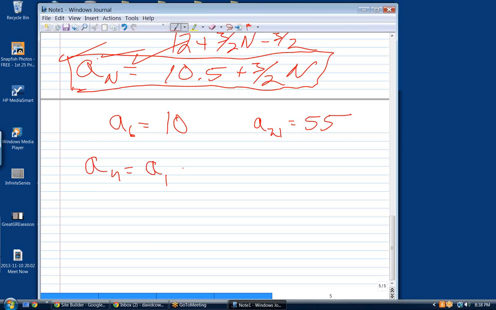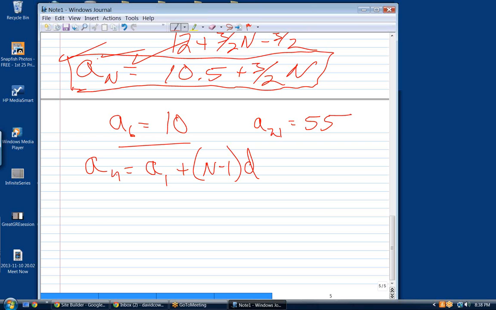Okay. And let's write the best equation we can write based on that information. So, well, it doesn't seem like we know anything. Well, we know a sub 6 is 10.